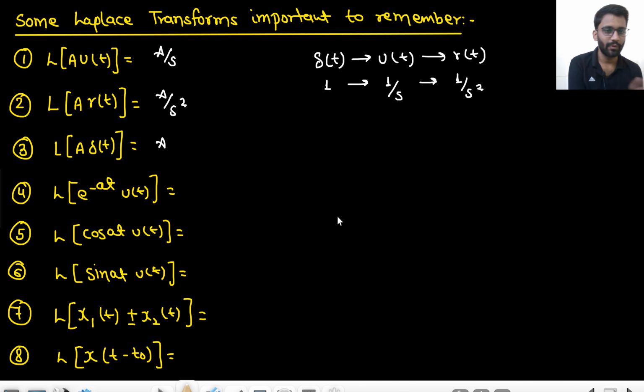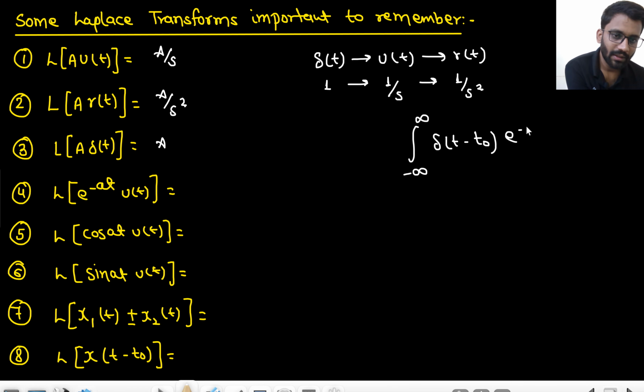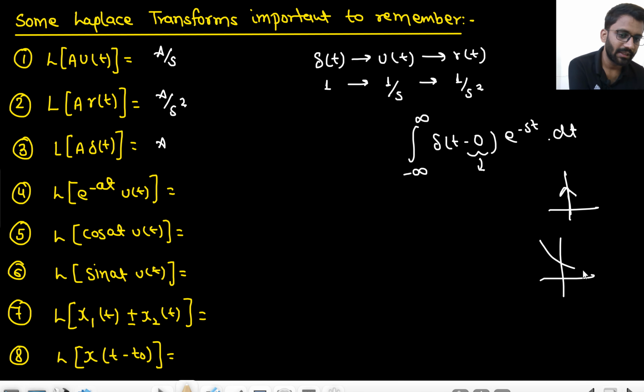Okay, and I hope you have understood the integration concept. Let me tell it more deeply. Let's just assume you are integrating in this way. You are just integrating this function, or let's just take 0 here. How do you integrate an impulse function? I am telling you. You will see this is defined only at t equals 0, and my other function is e to the power minus st, that is something like this.